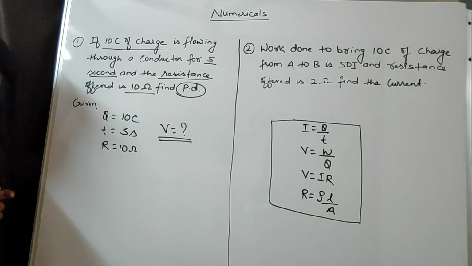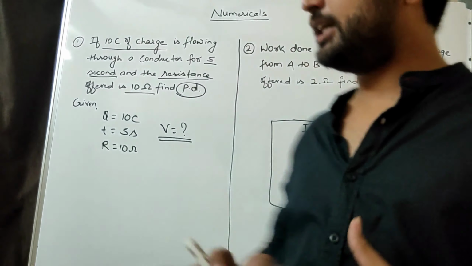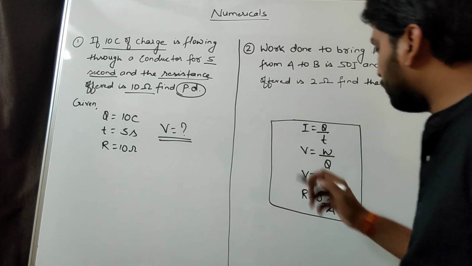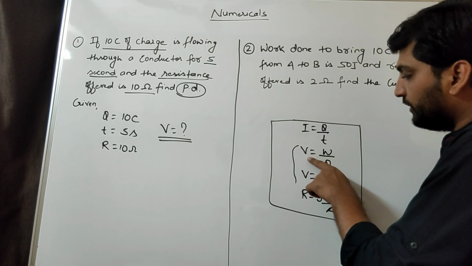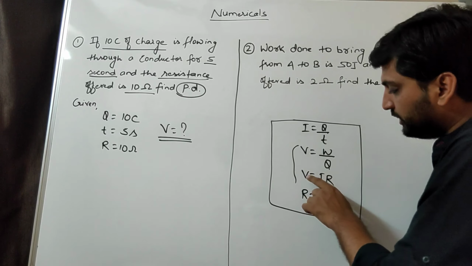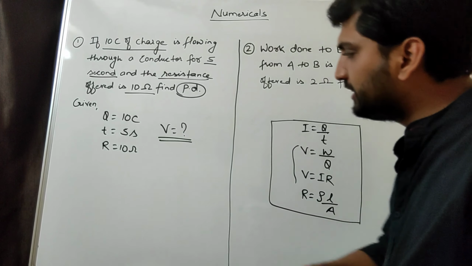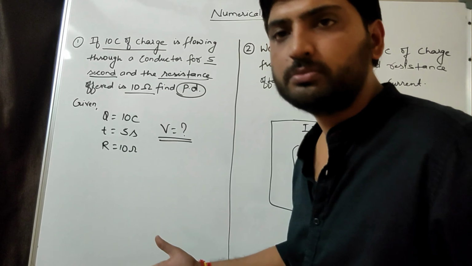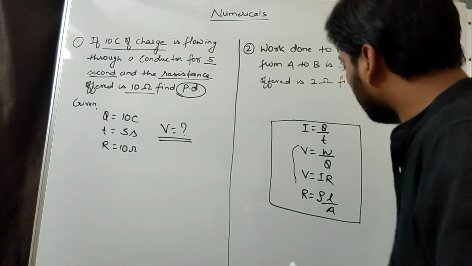Now see, if we are going to find V, potential difference, we have 2 formulas for that. What are those formulas? V = W/Q and V = IR. Now, W is work done. So is there any term related to work done? No. Because charge is given, time is given, and resistance is given.